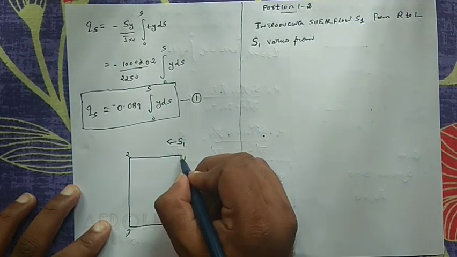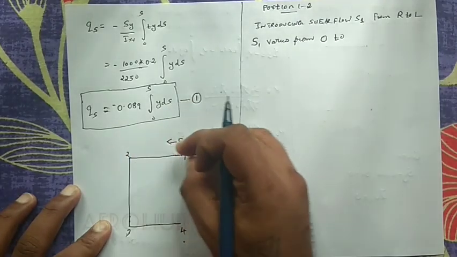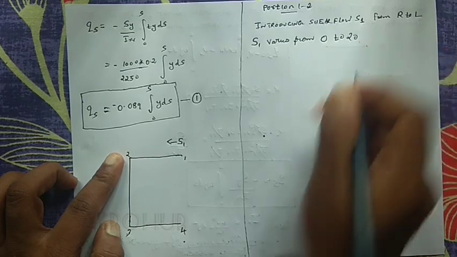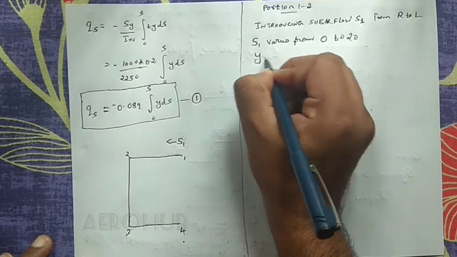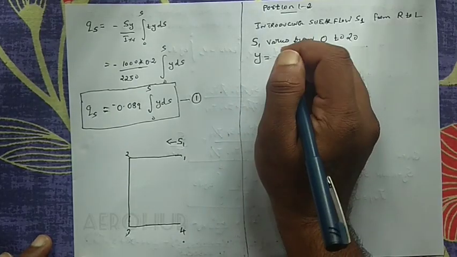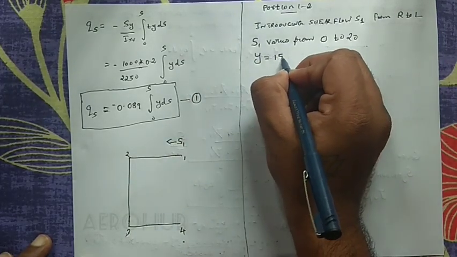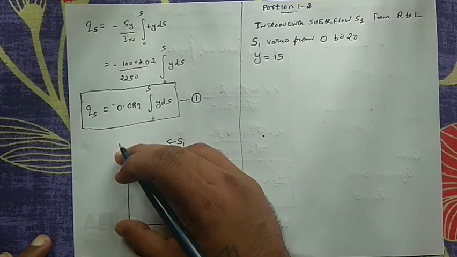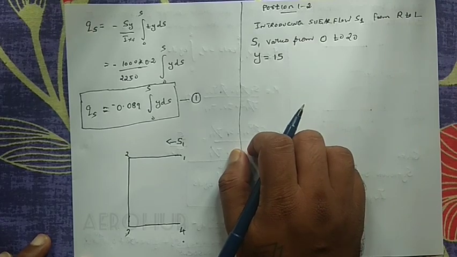At the free edges the value of shear flow is 0. At point 1 S1 is 0, and at point 2 the total length of portion 1 2 is 20 centimeter, so S1 varies from 0 to 20. The value of y for portion 1 2 or the upper flange is always half of the web, so it will be plus h by 2, that is plus 15, because the total height of the web is 30.